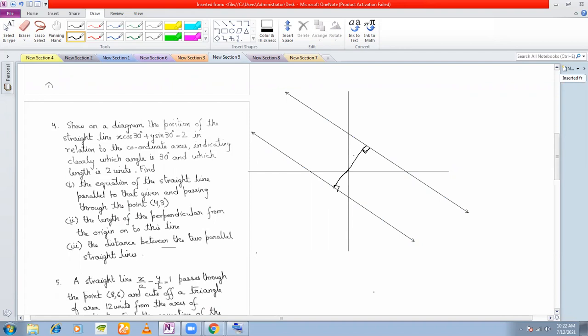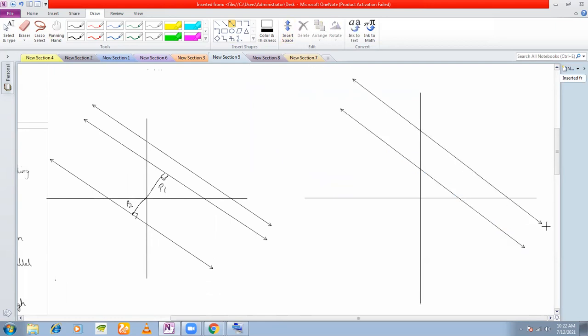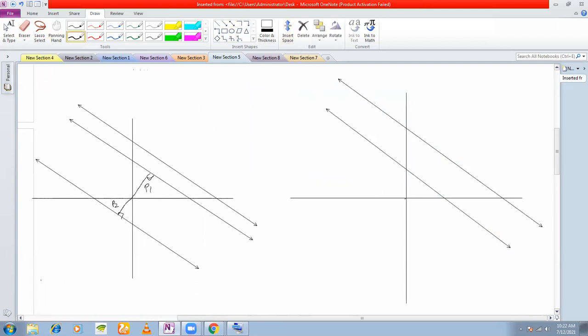Right? So if this distance is say P1, this distance is P2, the straight line can be this way. What if the straight line is this way? Let me draw it afresh. You can have a straight line in this way also, isn't it? Then what should be the distance between the parallel lines? Say this distance is P2, this distance is P1, right?